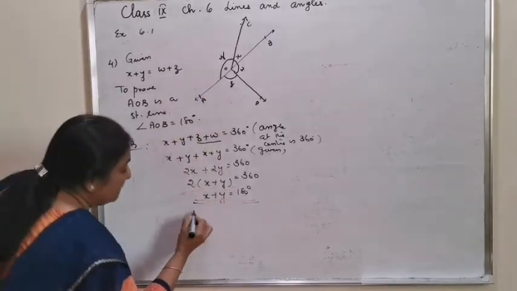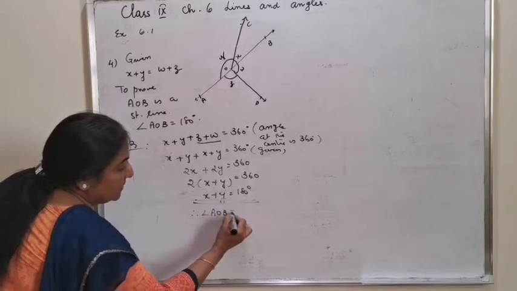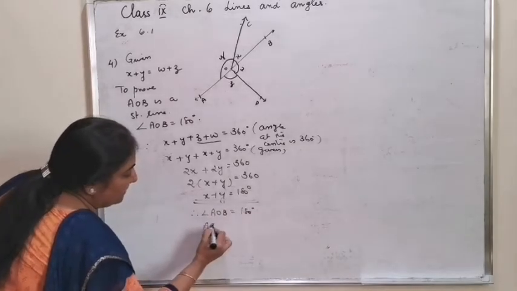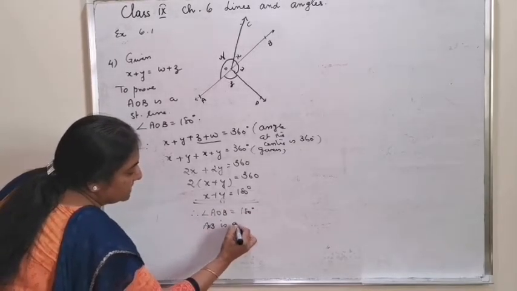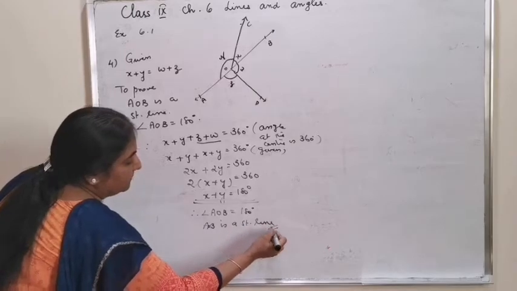Therefore, angle AOB is equal to 180 degree, or AOB is a straight line.